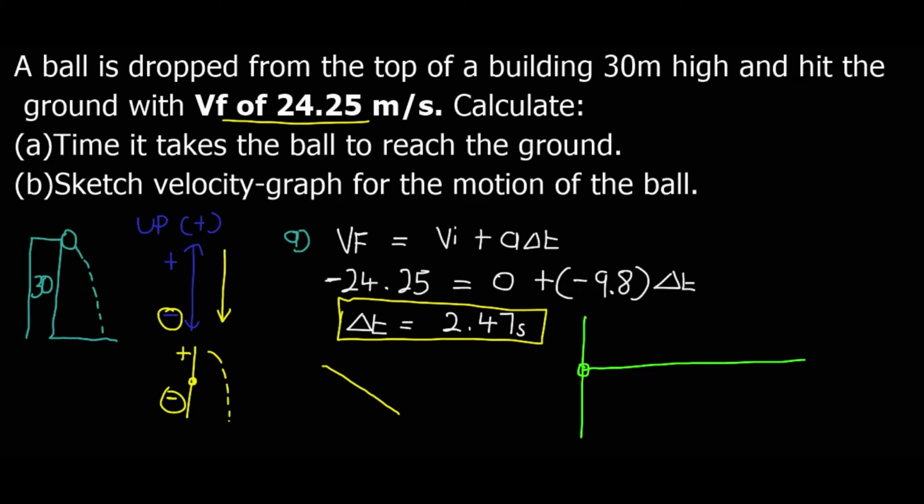Because this object is dropped and the initial velocity is 0, you start here, and then the final velocity when it hits the ground is 24.25, but because it's in the negative direction, you have a negative 24.25, and then you get the time it hits the ground. So this means a little more than 2.4 seconds, 2.47. So this is our answer.